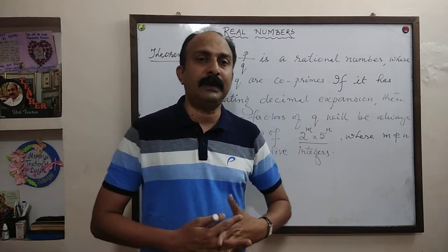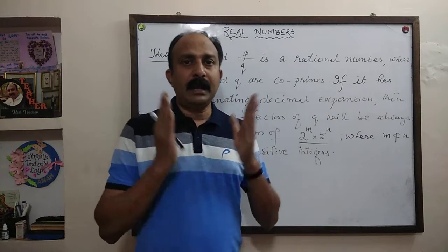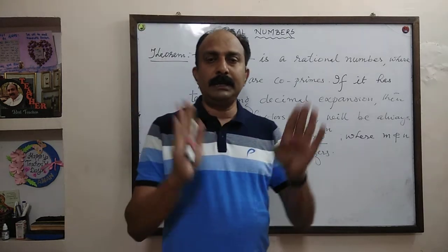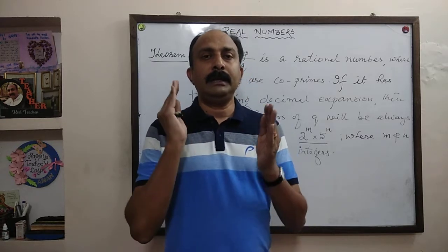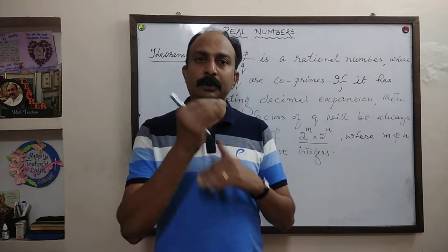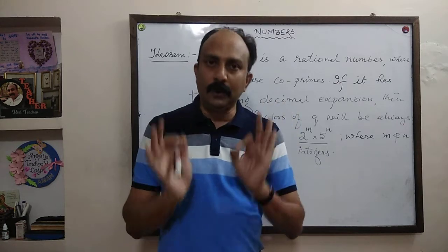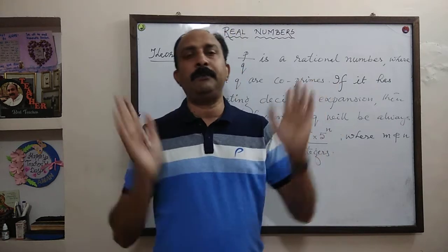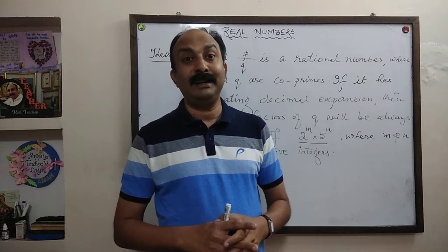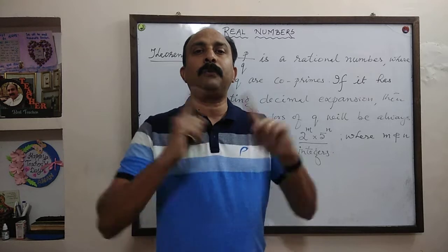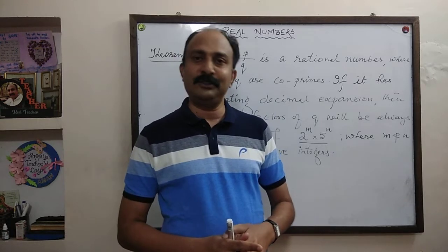Or in simple words, what does it mean? If a rational number p upon q has terminating decimal expansion, then the prime factors of its denominator will always be 2's or 5's or both 2 and 5. But you will never get a prime factor other than 2 or 5. Understood?